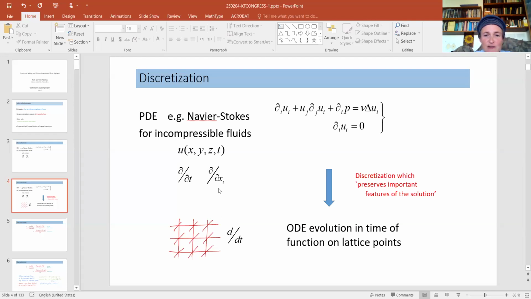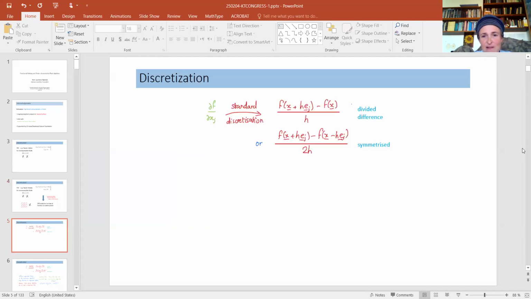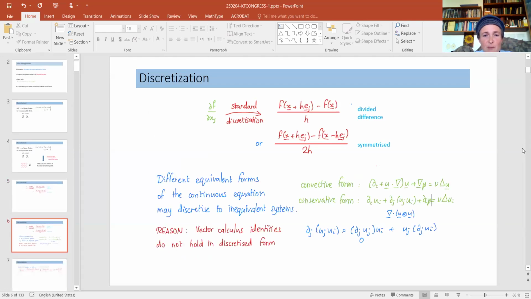And the partial derivatives in spatial directions, you might think, would be turned into divided differences, ordinary divided differences or symmetrized divided differences. The problem with that is that different equivalent forms of the continuous equation tend to discretize into inequivalent systems. So I've written down 2 typical, well-known forms of the Navier-Stokes equation here.